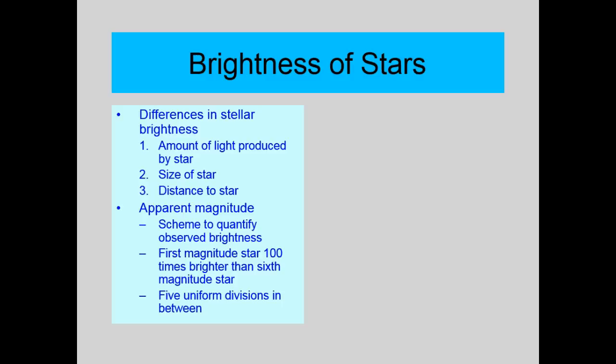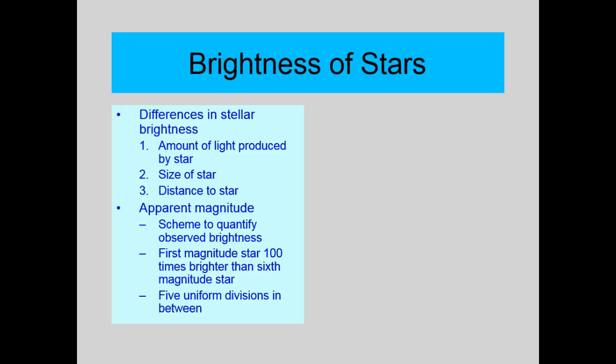Now let's look at the brightness of stars. This is on page 358. There are several ways to talk about the brightness of stars. But the differences in their stellar brightness depend on three major quantities.